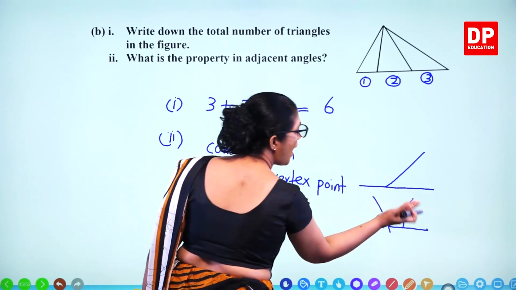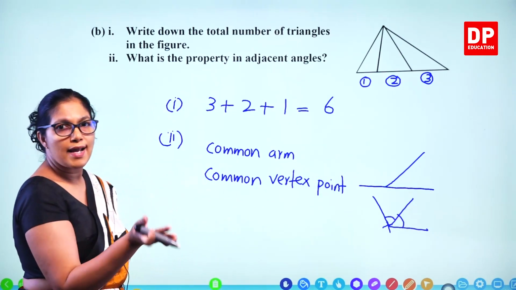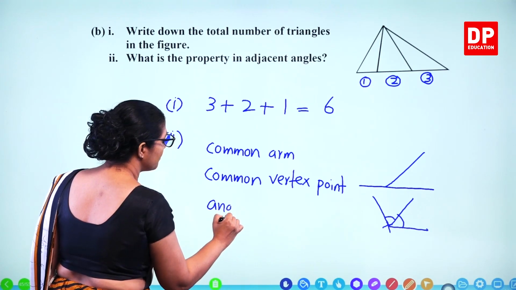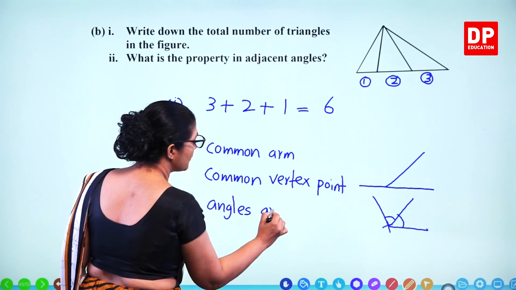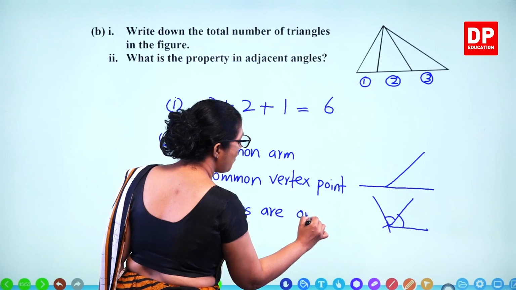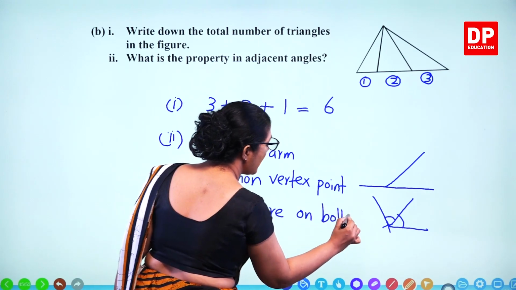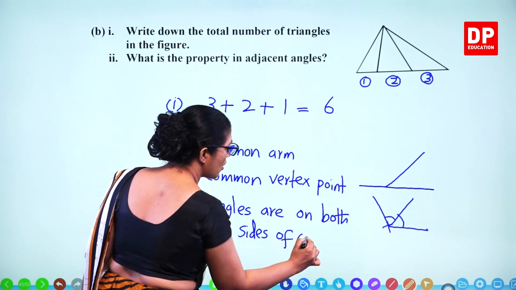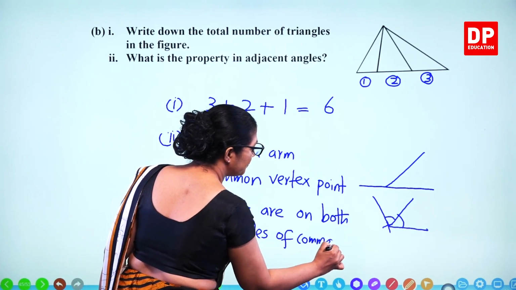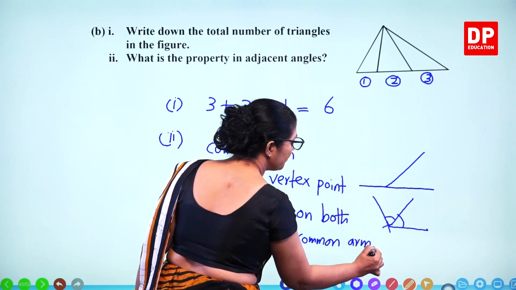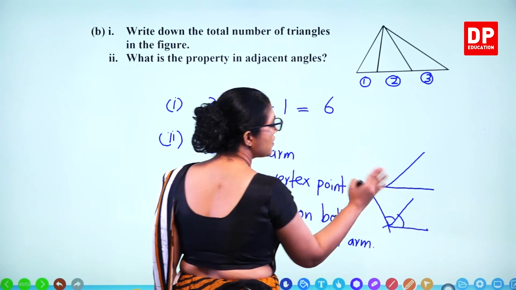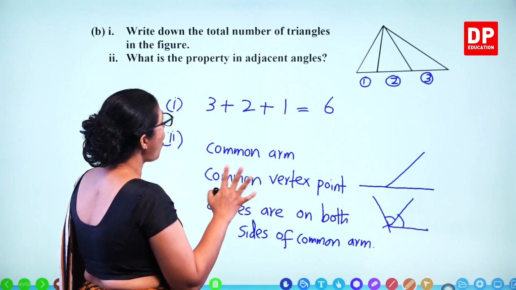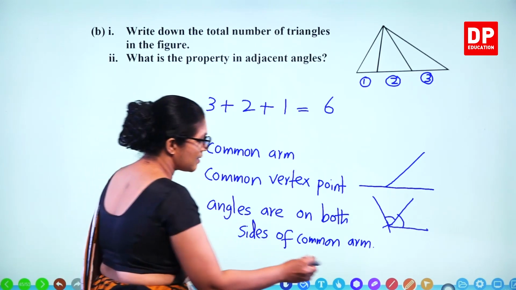And the 2 angles are on both sides of the common arm. So that should be in both sides. So those are the properties of adjacent angles.